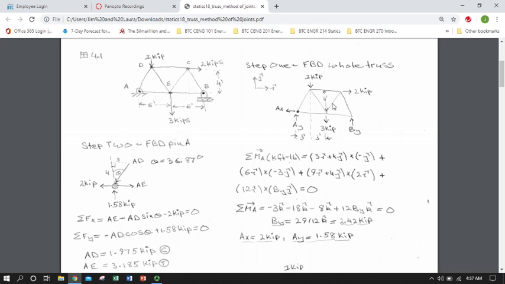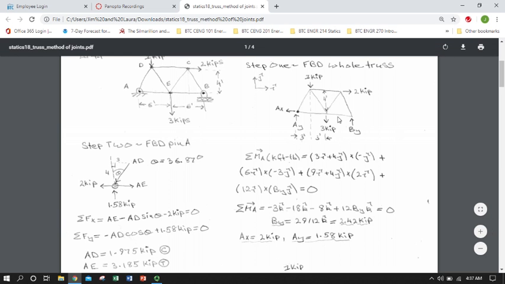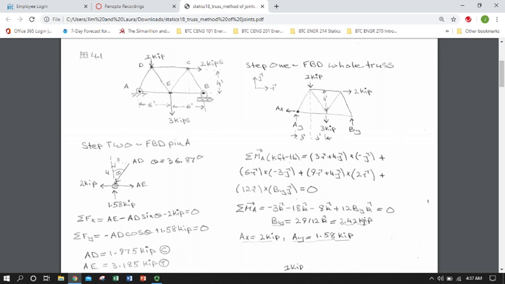All of that rotation is being balanced by the moment given by my vertical support reaction at B, which is 12 feet in the horizontal direction from my moment point A, and of course it's being directed upward. When I multiply out all of those cross products and solve, I find a support reaction at B, not surprisingly upward, of 2.42 kips.